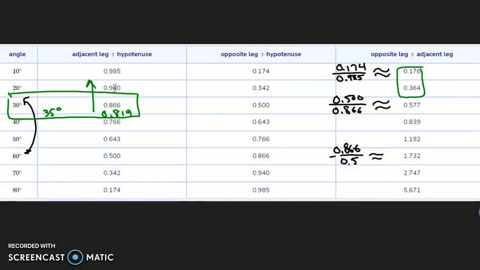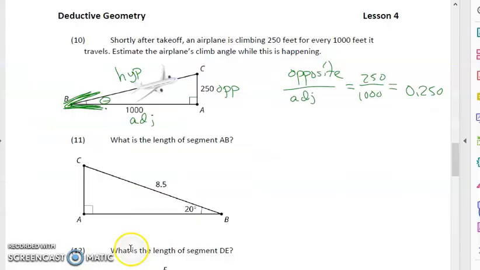So it's going to be somewhere between 10 and 20 degrees. So again, it's an approximation at this point. So I ask you to estimate it. So the estimated incline here is going to be somewhere around 15 degrees, somewhere between those two answers.